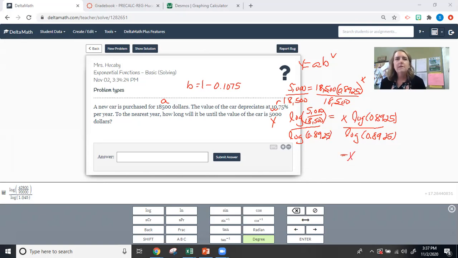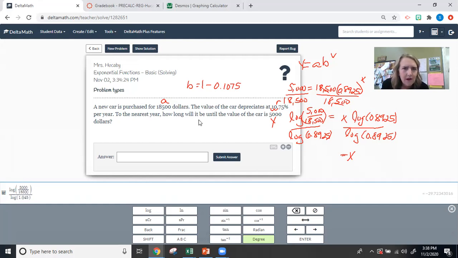So let's get my mouse here. You can see I have something very similar set up right here. So all I have to do is change my numbers. I'm going to make this 5,000. And in the numerator of the top part, it's going to be 18,500.